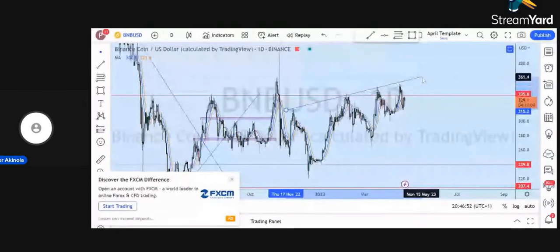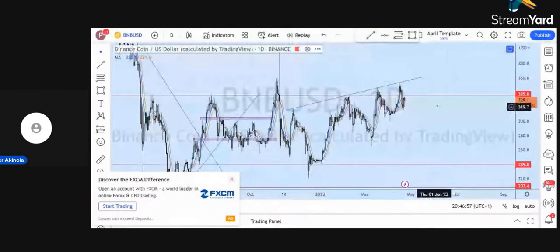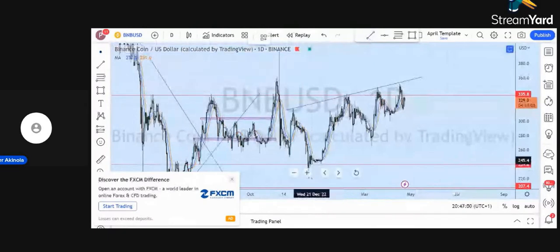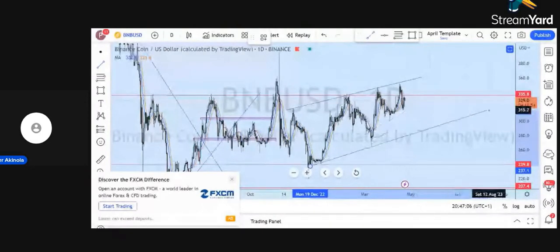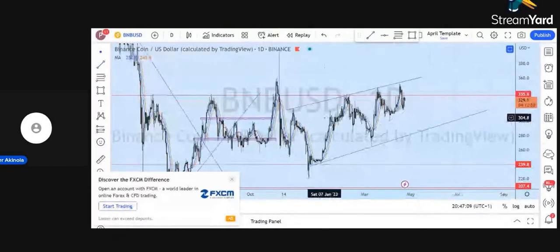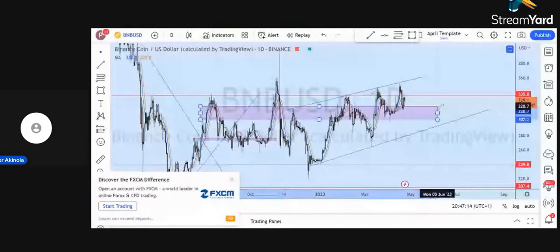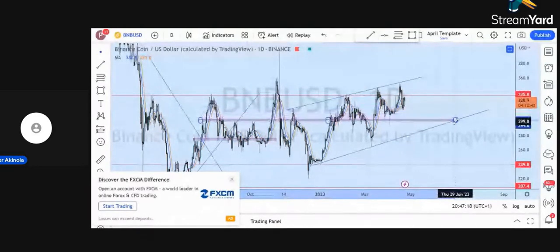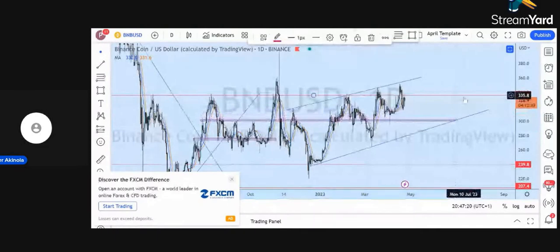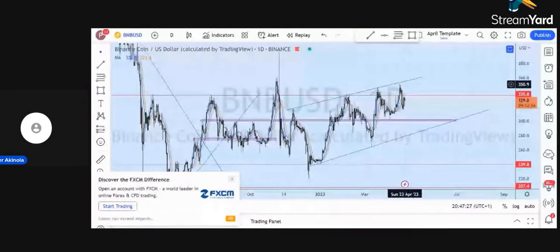Let's see if we can make it a channel. For now, let's just watch out for these two key levels, and let's see what price is going to do.